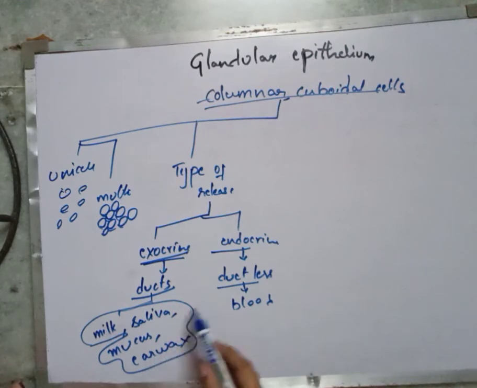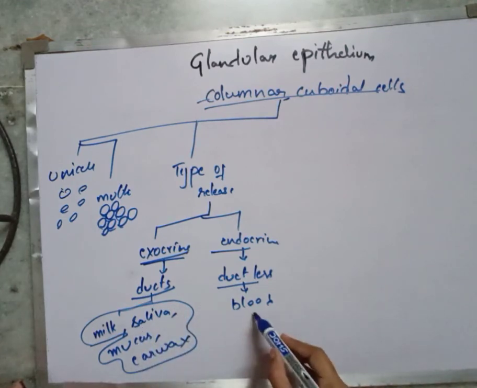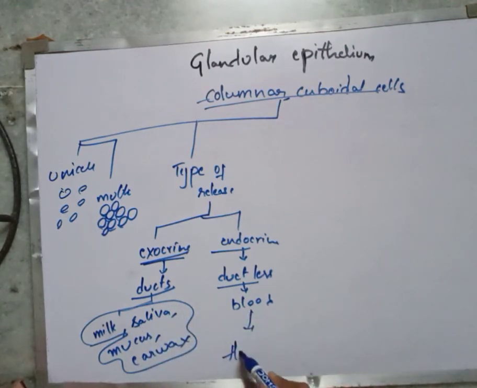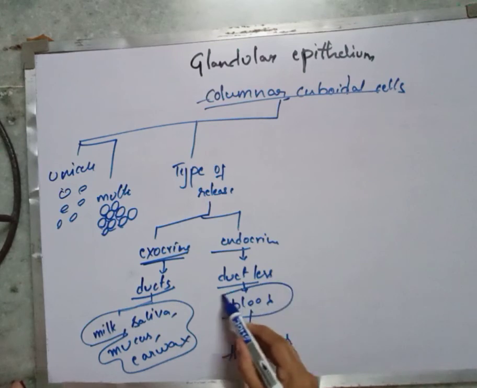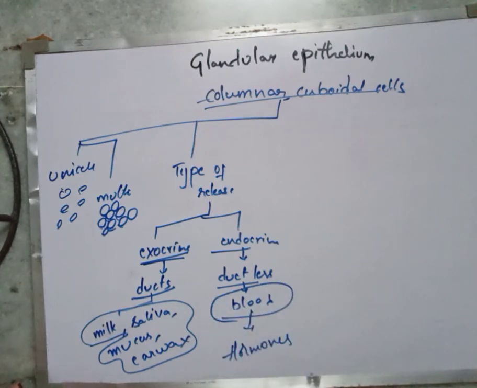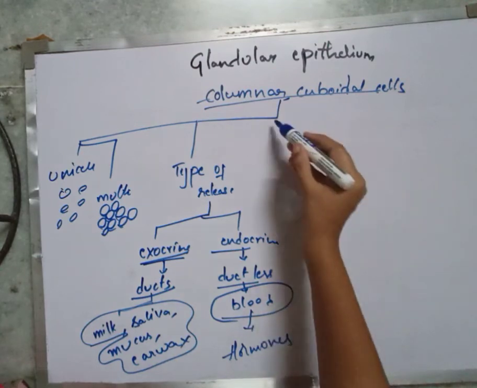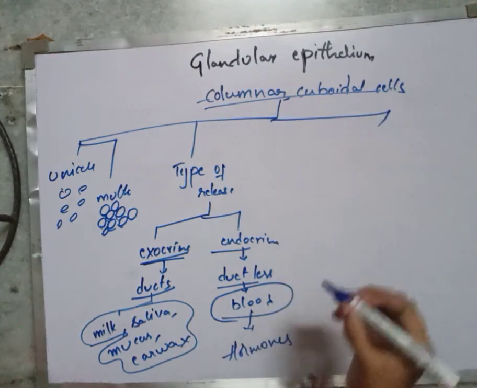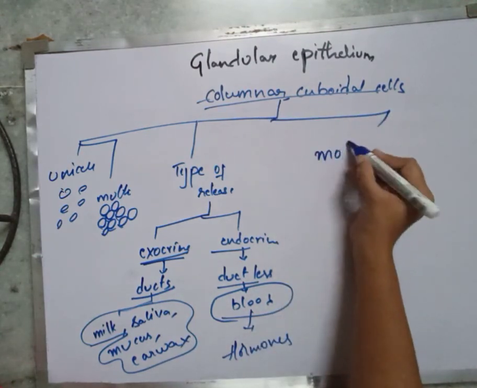They do not release secretions like milk and saliva; they directly release hormones. Hormones are transferred to different organs through blood. So this is about exocrine and endocrine glands.